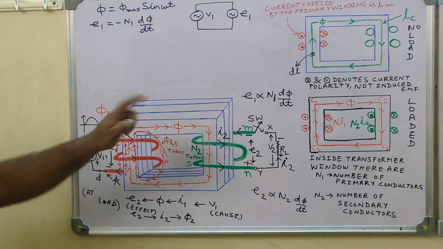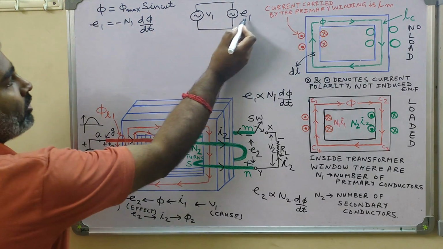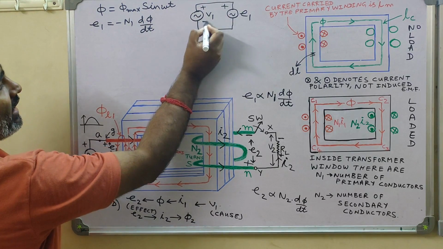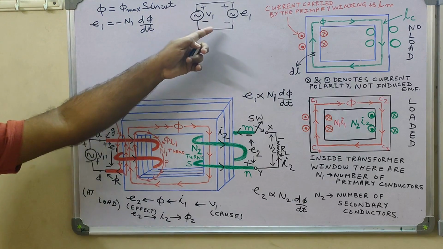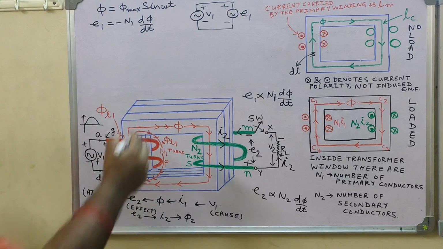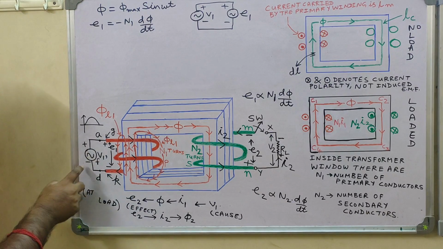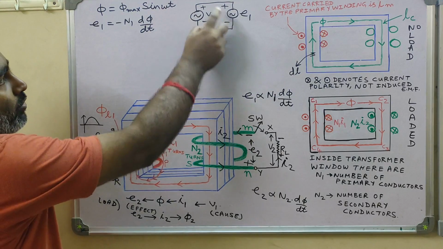According to Lenz's law, E1 should oppose V1. So if this is plus, this will be plus, and if this is minus, this will be minus. By writing minus N1 into d/dt of phi, this is taken into account: the induced EMF polarity will always oppose the applied voltage V1, which is indicated here pictorially.